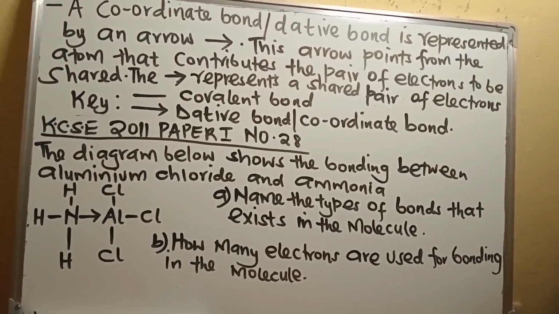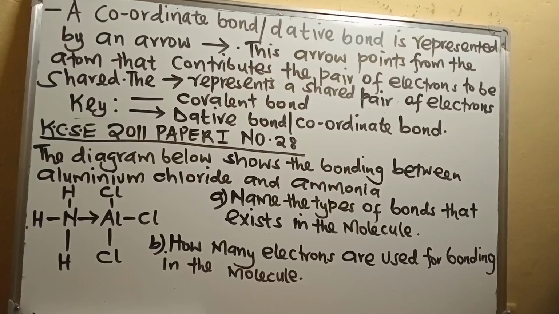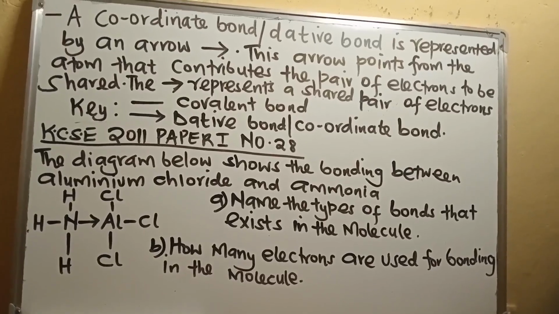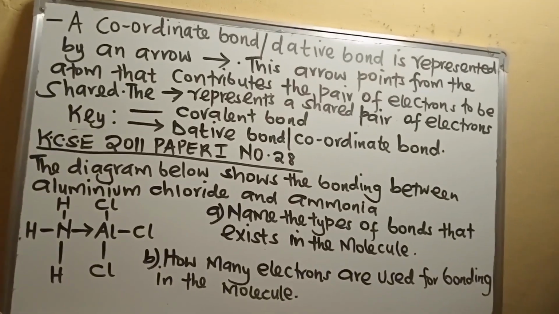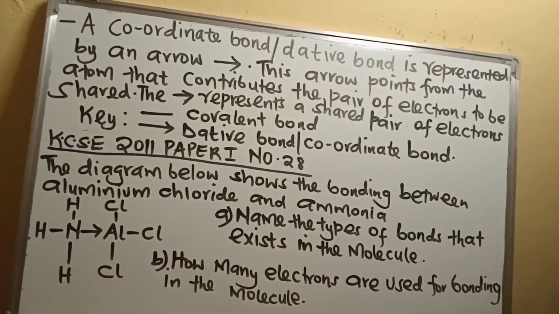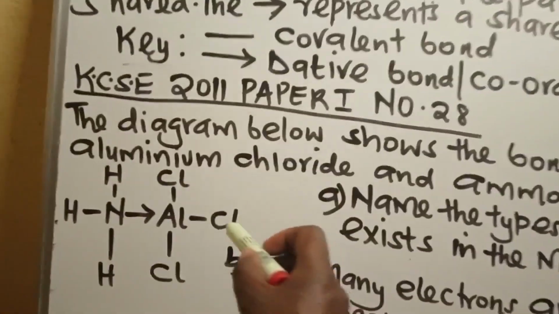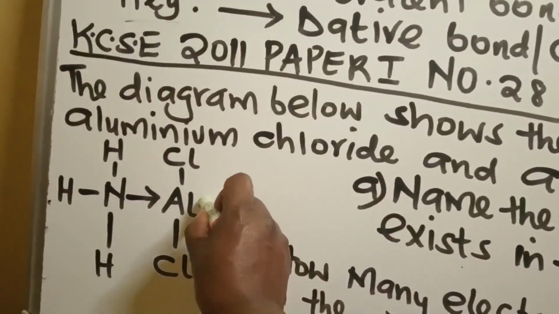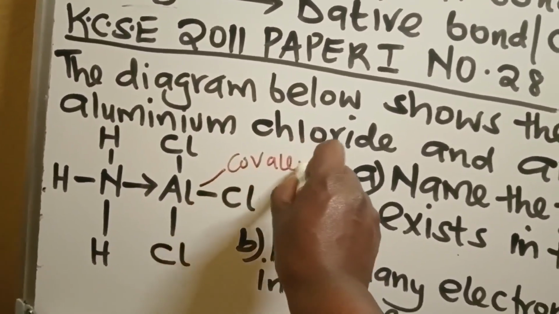Where we have one single line, that is a covalent bond. Where we have an arrow, that is a dative bond or a coordinate bond. So the answer to question A is that where we have the single lines, this one is a covalent bond.